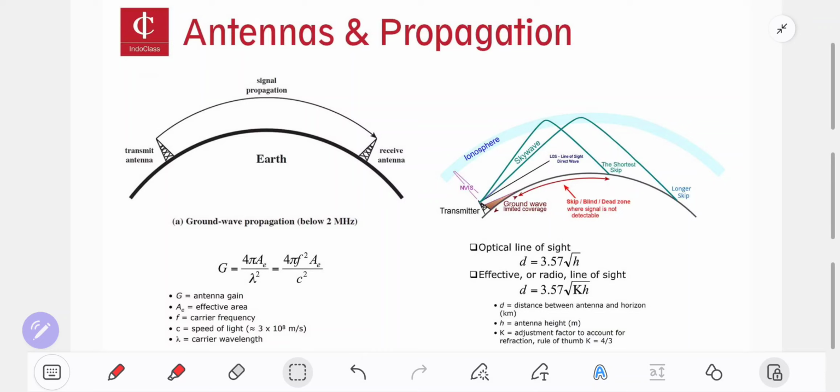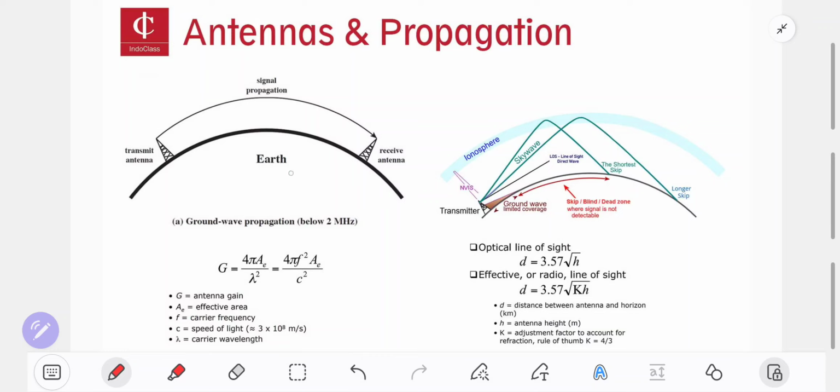How does antenna work? When the current goes through the antenna, that current creates an electromagnetic field that propagates to the outside.